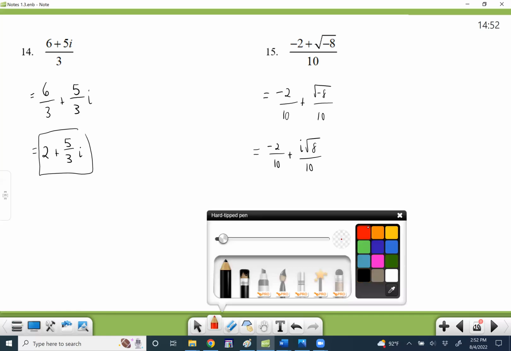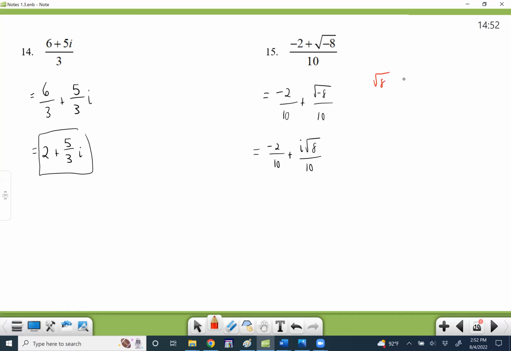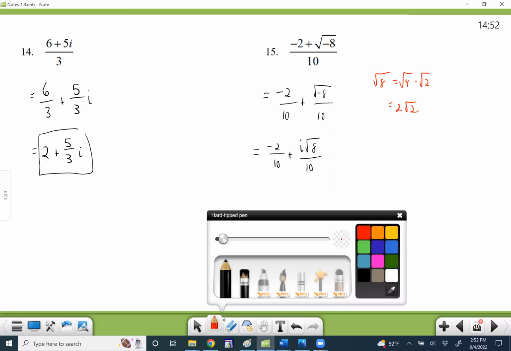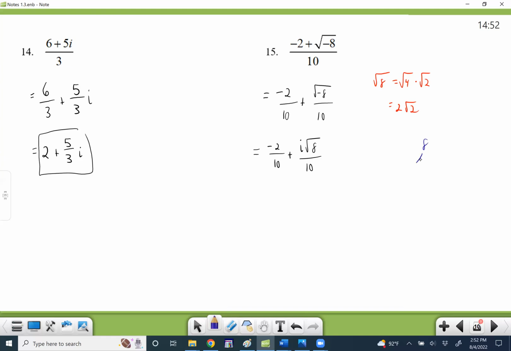Root 8 is going to come up a bunch in this class. The best way to think of it is 4 times 2. 4 is a perfect square, so it will become 2 square root of 2. Using the other method, the 2 goes outside.